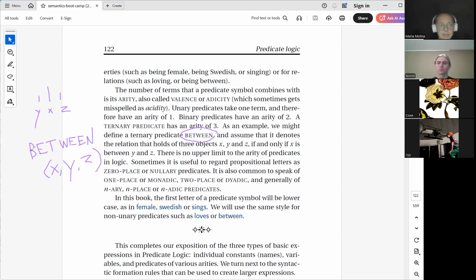And this is a ternary predicate. It denotes a relation that holds of 3 objects. If we are talking about those 3 objects, this relation renders true if and only if x is between y and z.